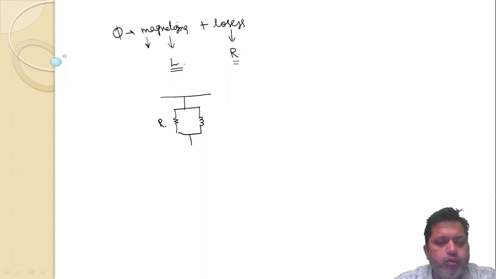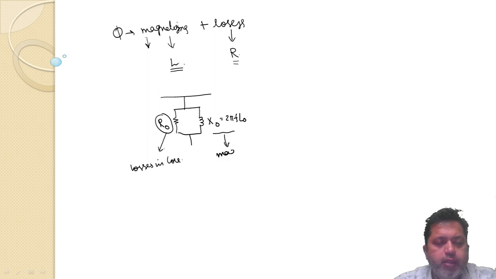One is R0, another is X0, which is 2 pi F into L. R0 gives you the total losses in the core, and X0 gives the magnetization effect.